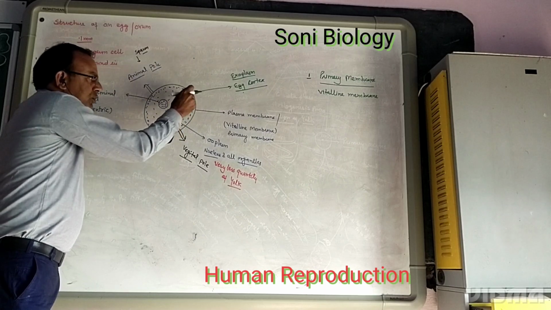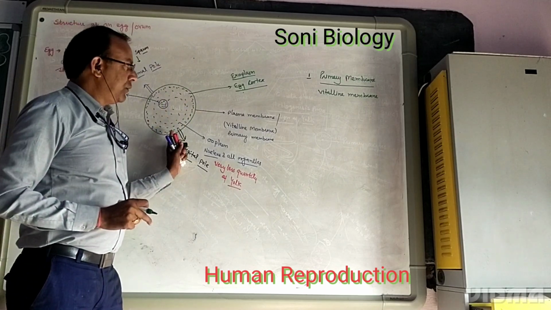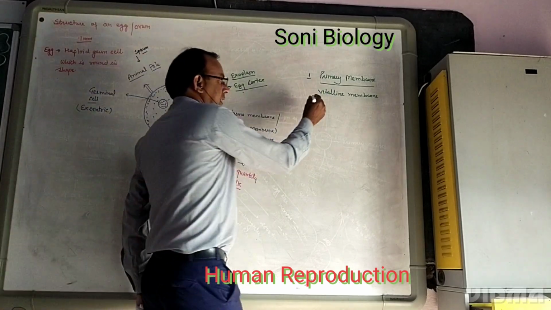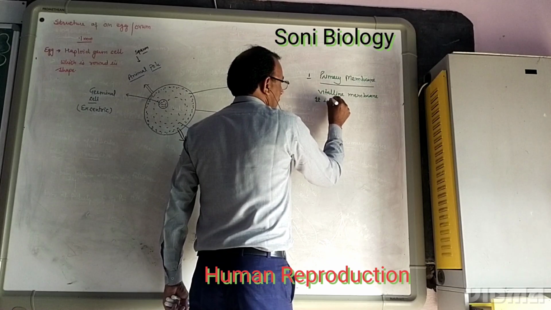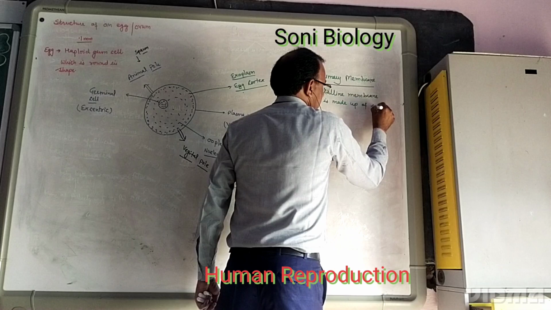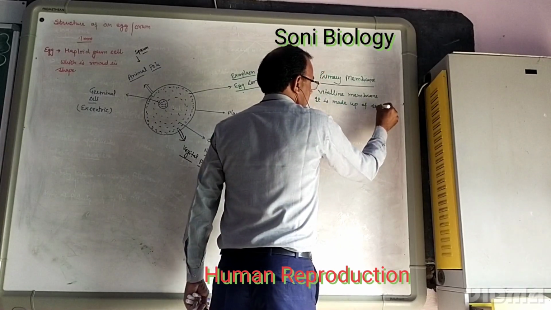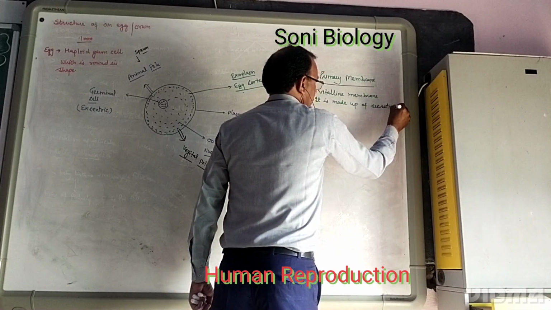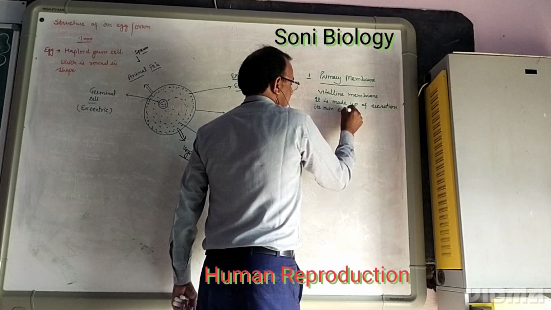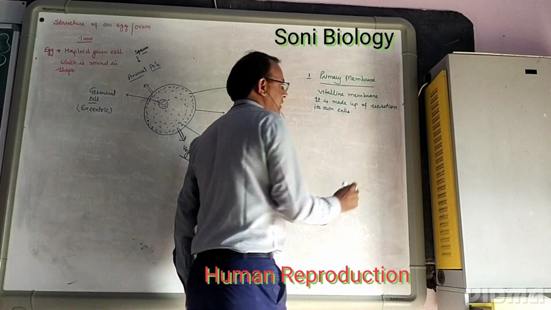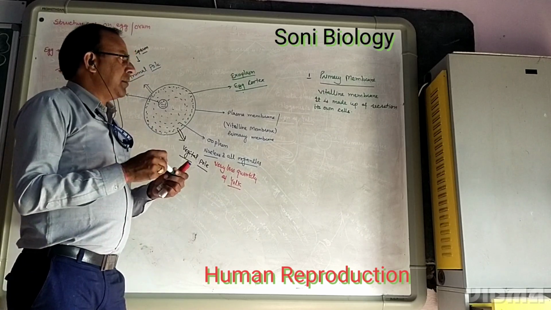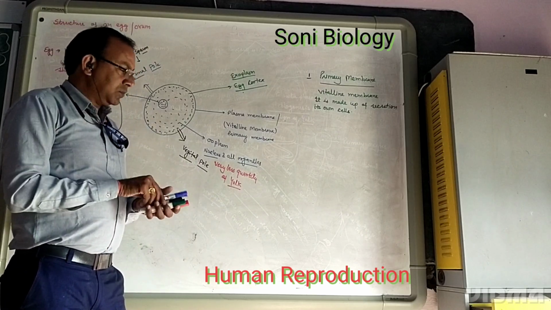These cells produce their own protective layer. It is made by secretion of its own cell, and that is called the vitelline membrane, or primary membrane.